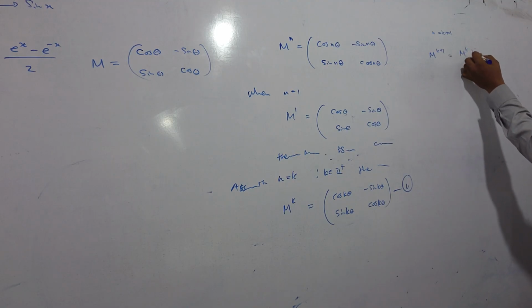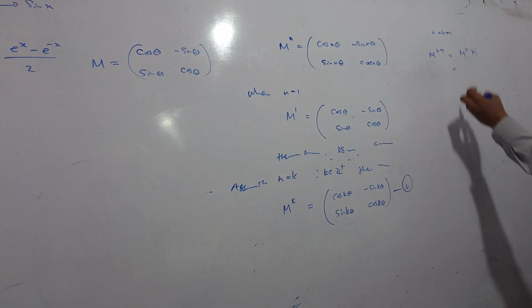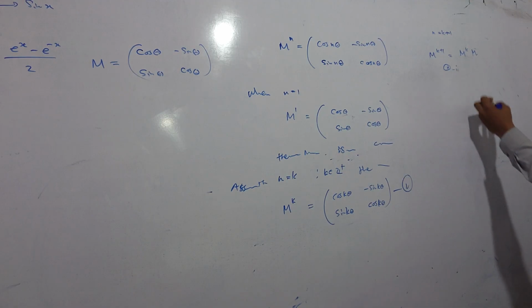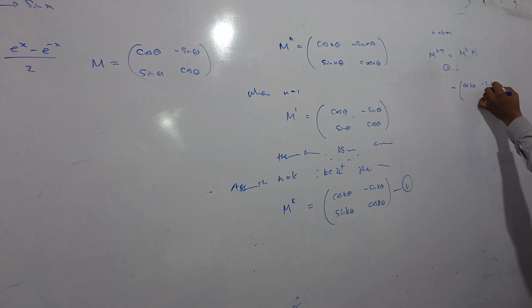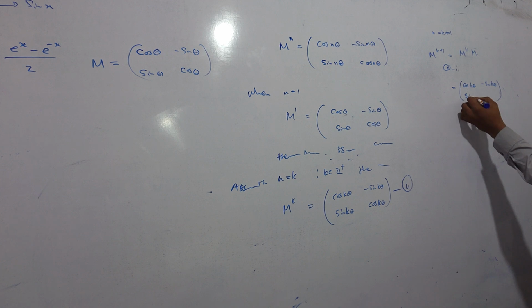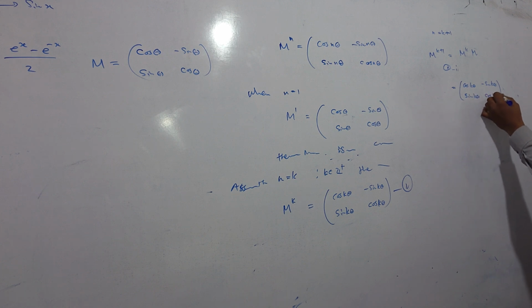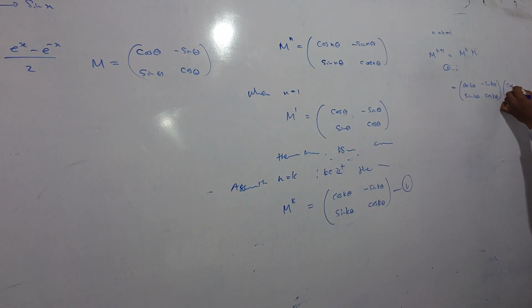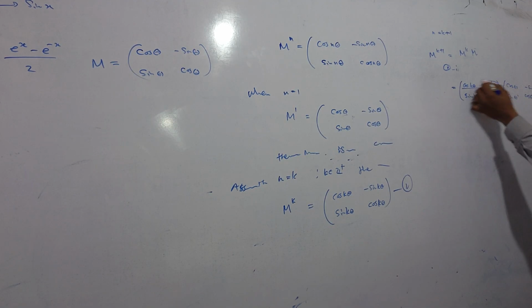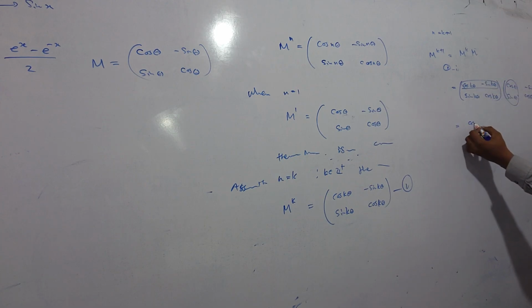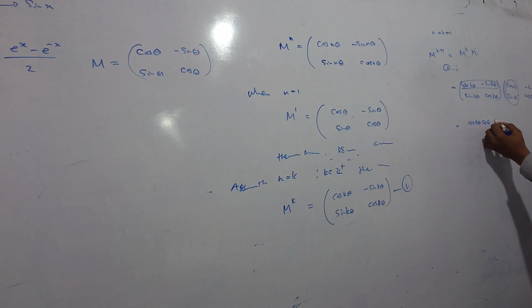We can split this into two matrix multiplications, M to the power k times M. As per the assumption, M to the power k is cos k theta, negative sin k theta, sin k theta, cos k theta, and M is cosine theta, negative sin theta, sin theta, cos theta. This row into this column gives cos k theta cos theta minus sin k theta sin theta.